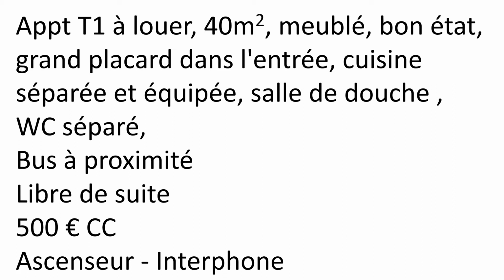And it will be équipé, just like the one we've seen in the picture before, where you're going to have your fridge, your cooker, could even have a dishwasher, oven, etc. Salle de douche, shower room, which is separated from your toilet, so you're not going to have the toilet in your shower room. Bus à proximité, so you have buses running nearby.